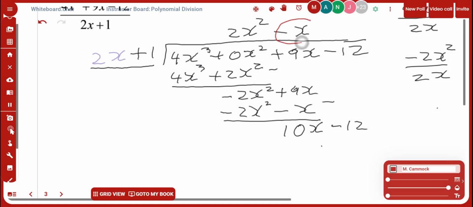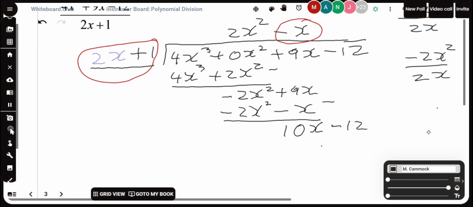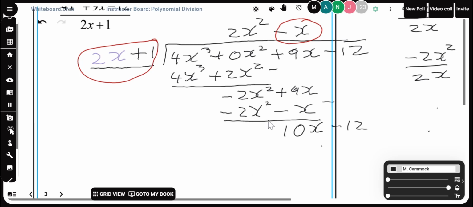Multiply this minus x here by both of these terms. If you do that, can we agree that you're going to end up with minus 2x squared minus x? Can we agree on that? Okay, and that's where that minus x came from. So minus x times 2x squared is minus 2x squared, and minus x times 1 gives us minus x.